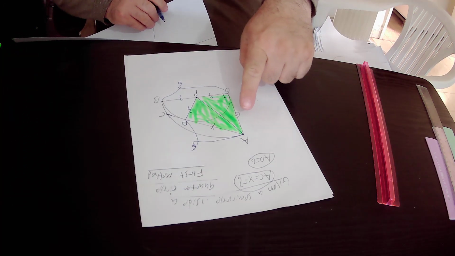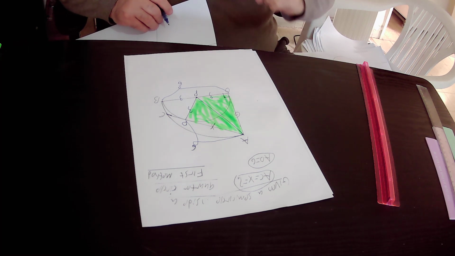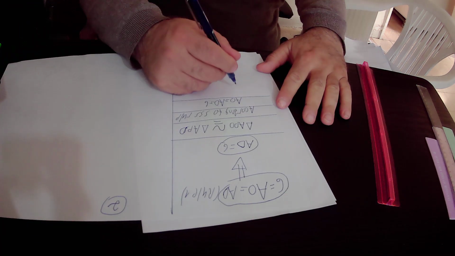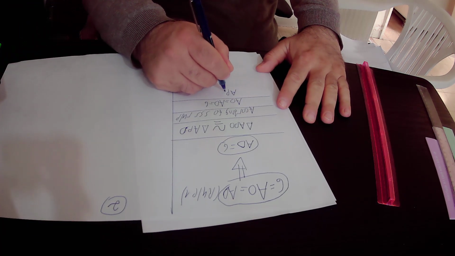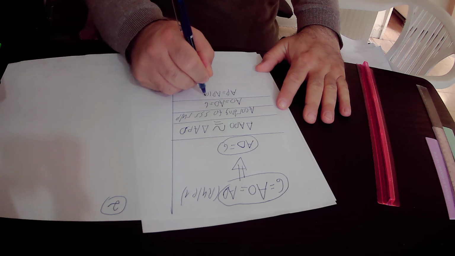In addition, side AP equals itself. Side AP is the common side that belongs to both triangles.